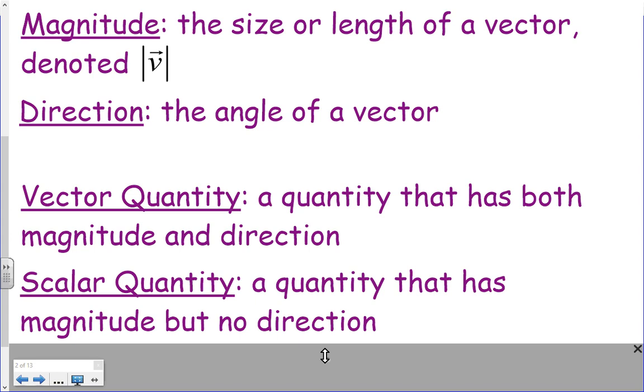On the other hand, a scalar quantity is a quantity that has just a magnitude, no direction. In other words, it's a single value. It'll be critical for us to recognize when we're working with vector quantities, because there are two parts to that, versus a scalar quantity, which has just a single part.